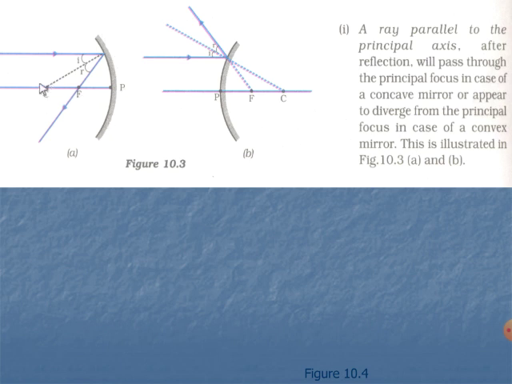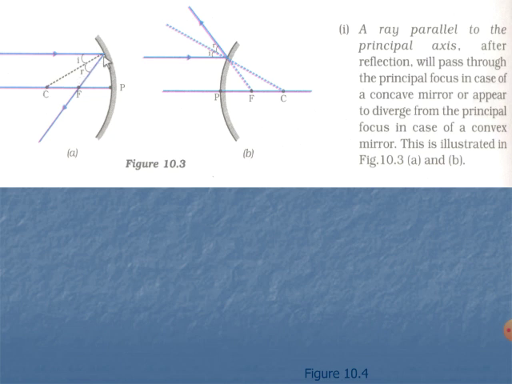I'm saying again, a ray parallel to the principal axis, after incidence onto the concave mirror, the reflected ray will pass through the focus. Even though this is a spherical mirror, the laws of reflection still hold good. If this is a point of incidence, the normal to the surface at the point of incidence will always pass through the center of curvature.